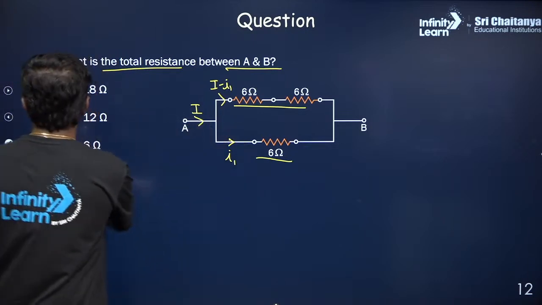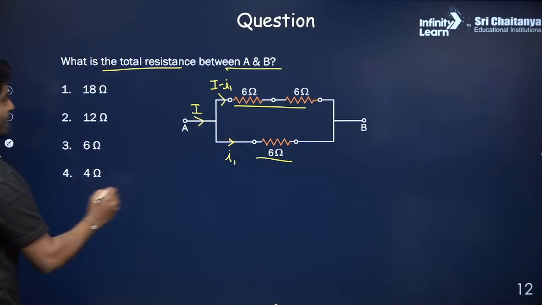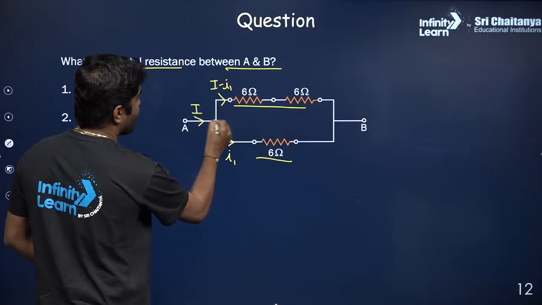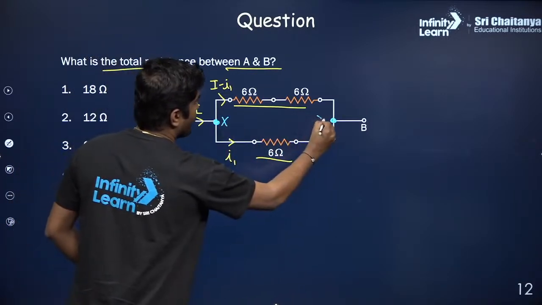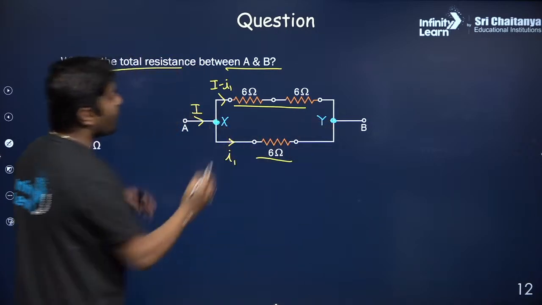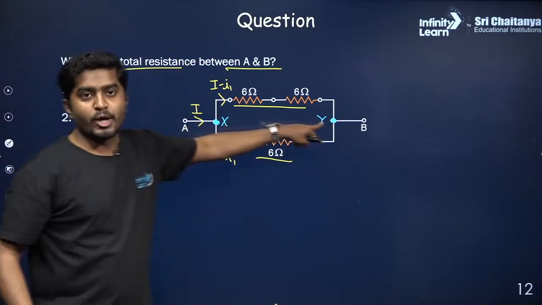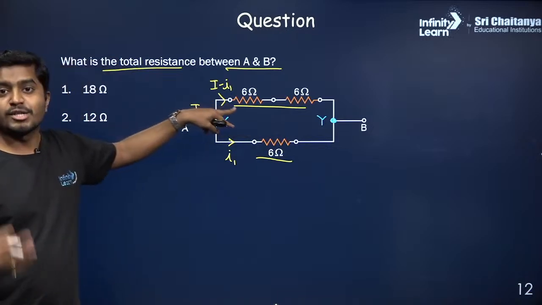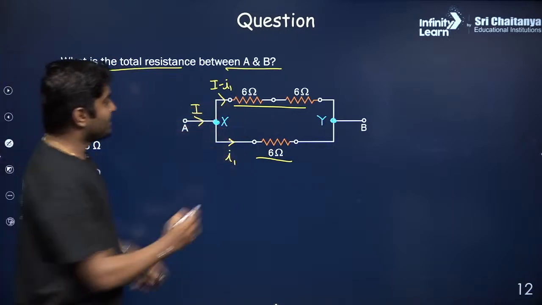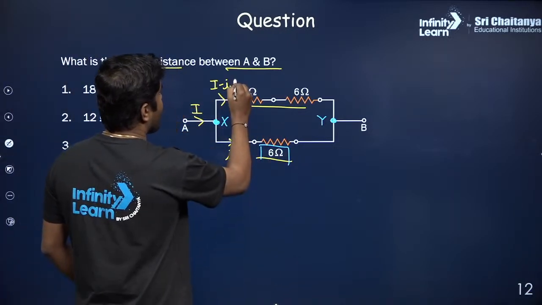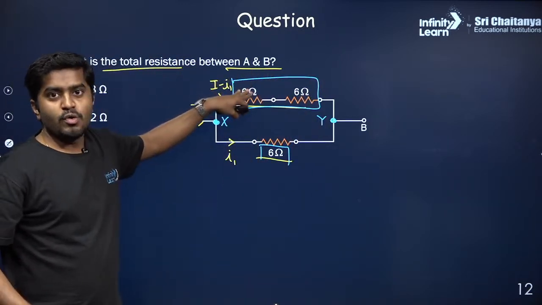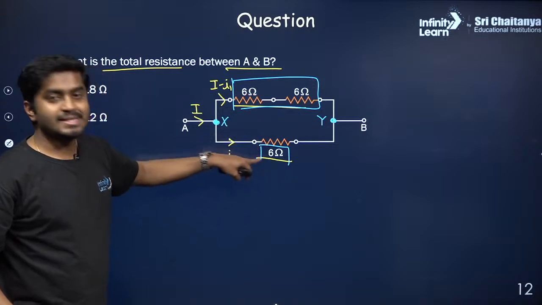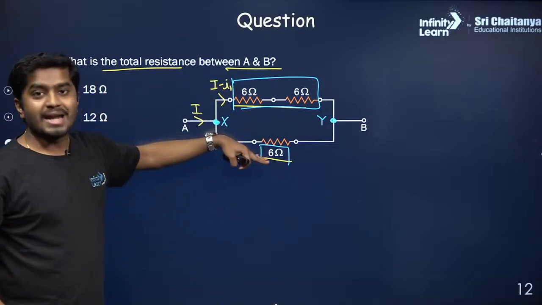Now let's check some points here. Let's consider this point X and point Y. These are the common points or common terminals between this 6 ohm and these two. So these two are in parallel with this 6 ohm, effectively in parallel.